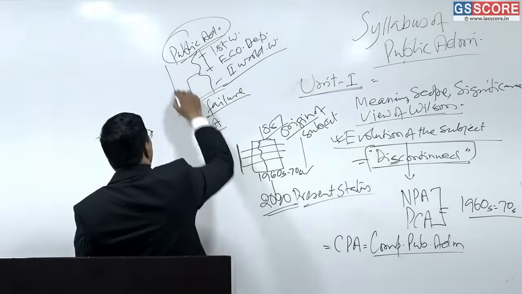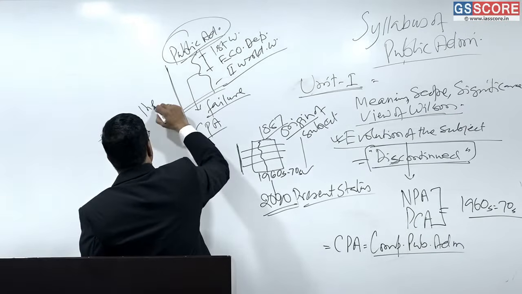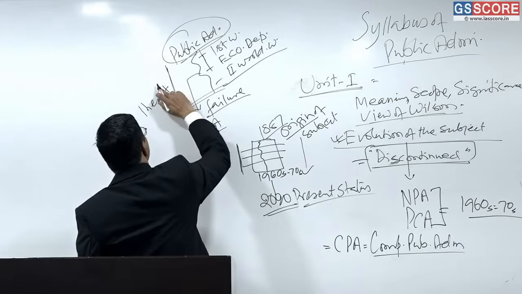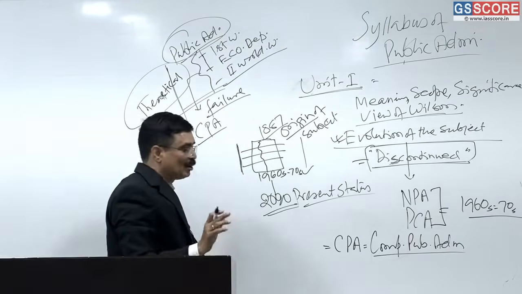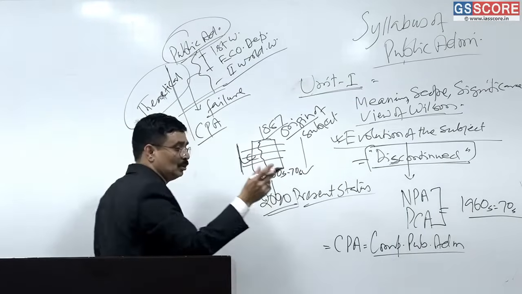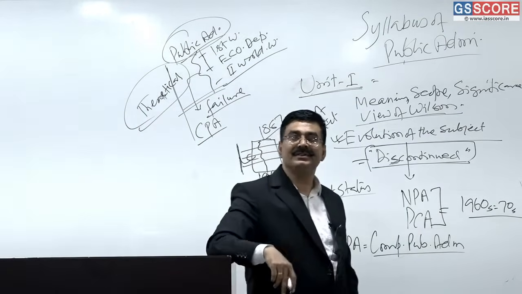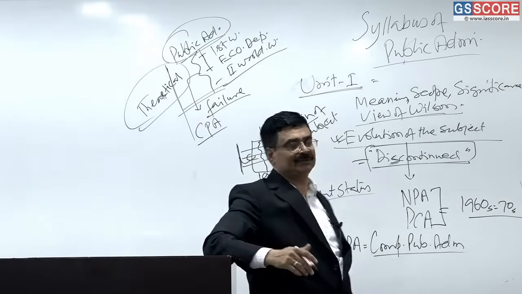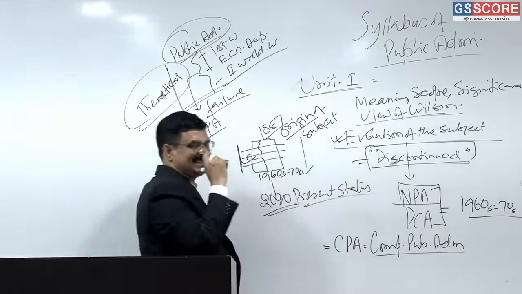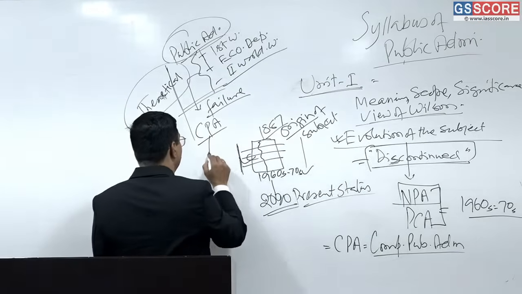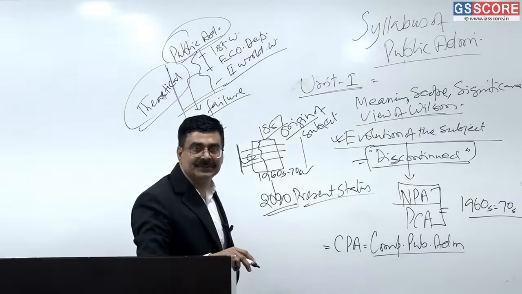Now if these theoretical developments are not identified and not known to students, then it becomes difficult for the student to appreciate directly the new public administration, which is an outcome again of the failure of comparative public administration.